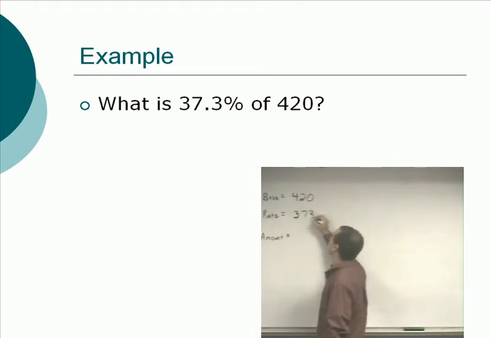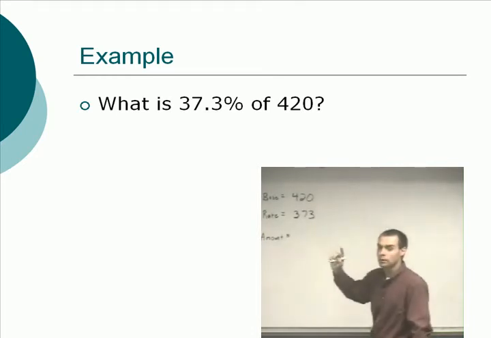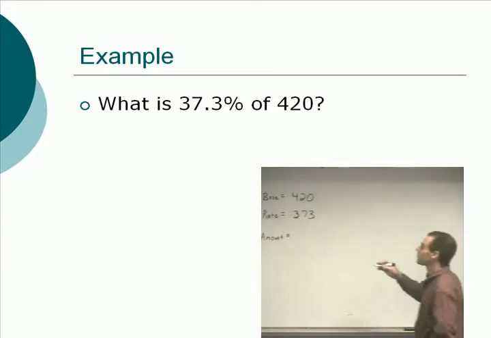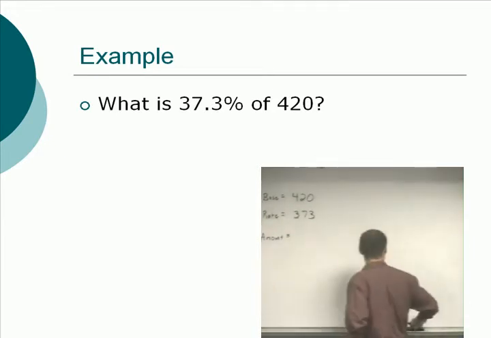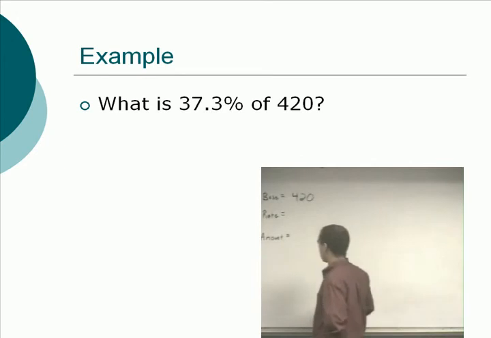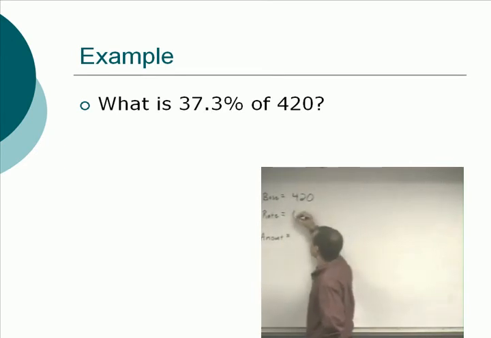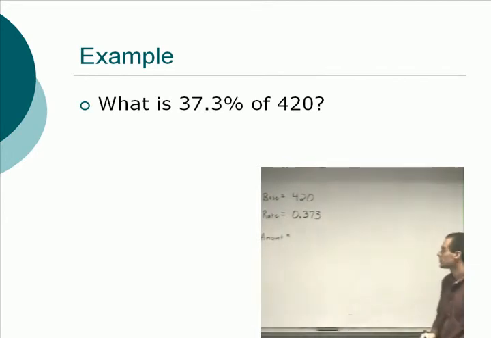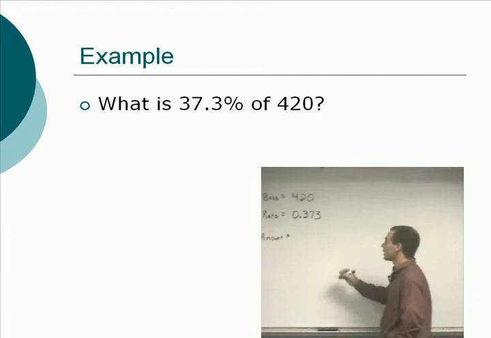Now, if we're going to use this technique where we just have the amount is equal to the base times the rate, we need to treat those percents as decimals. And so we should actually call our rate 0.373. And our amount, we do not know.